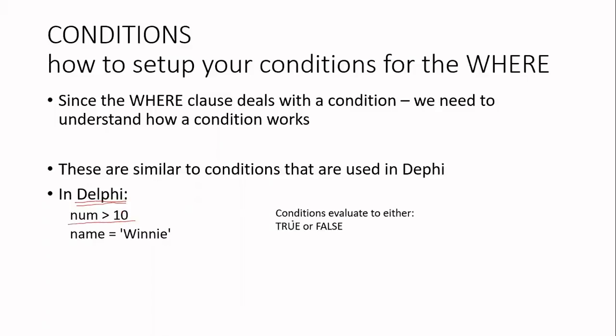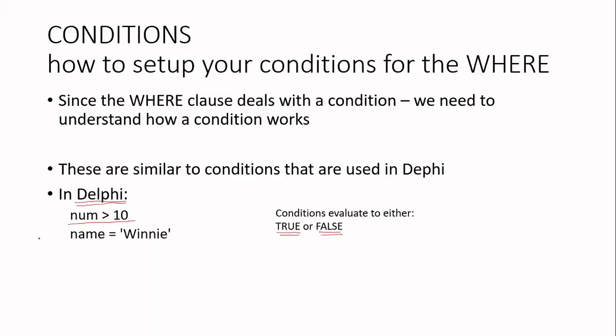And that condition would either evaluate to true or to false, because that's what conditions do. They evaluate either to true or false. And if it was true, you would do a particular statement. If it was false, you would then go to the else part. That's how it worked in Delphi.